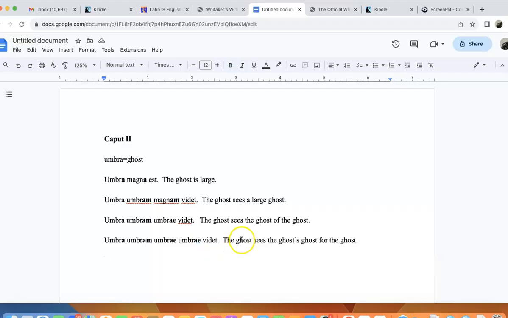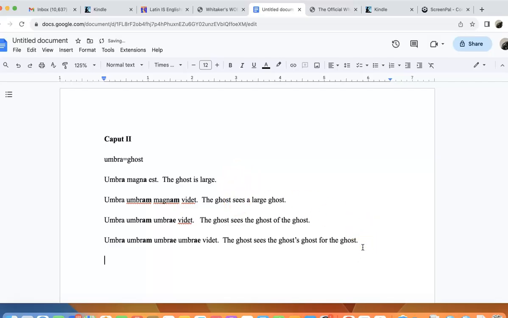But you can see here's a good example of what they mean when they say Latin is an inflected language, both the verbs and many other verbs, as we'll see in future chapters. You have to learn the endings of the language.